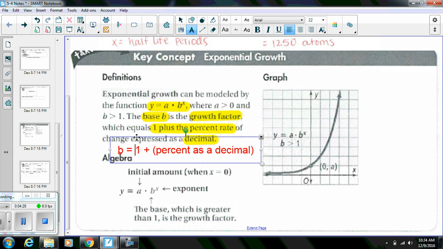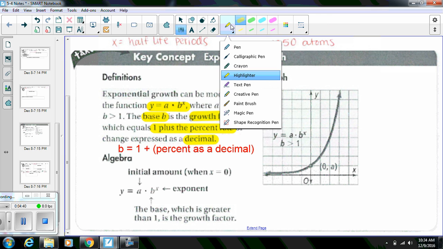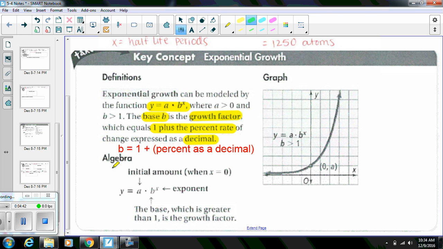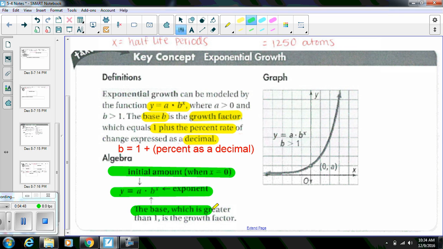So for growth, b equals 1 plus the percent you're growing as a decimal. So this kind of maps it out for you. This is very good to know. I hate to say memorize, but memorize would be a good word here. This right here, all this great information. Okay.